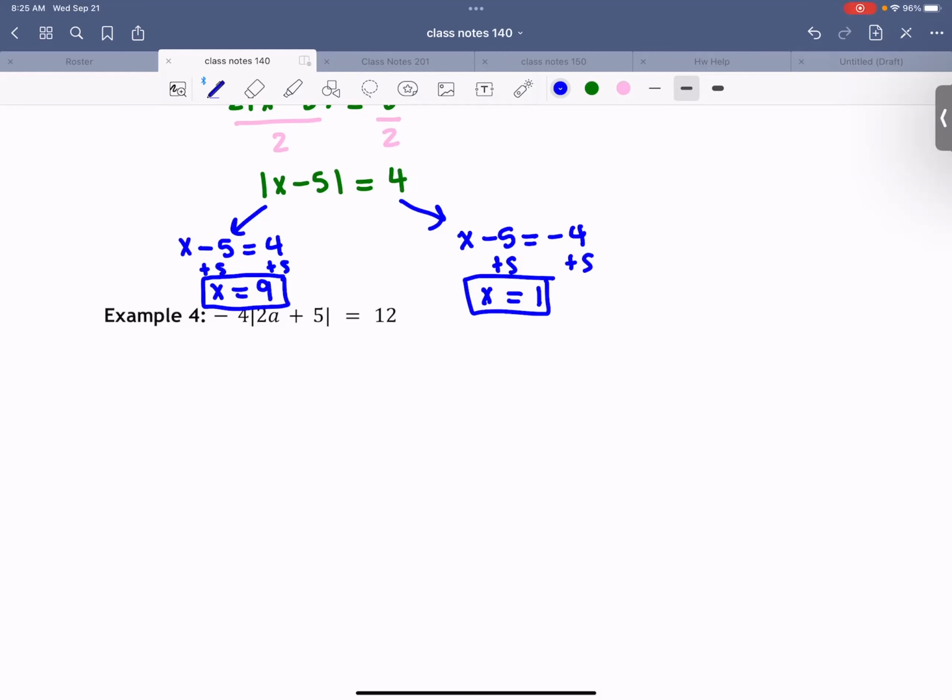Let's divide by -4, which I think I saw everyone do. And we're getting the absolute value of 2a plus 5 equals -3. So we got the absolute value on one side. We know we have to have a positive version and a negative version, but the number on the right, -3, is negative. It's not positive. What did we do?